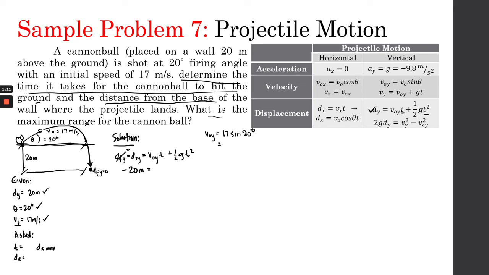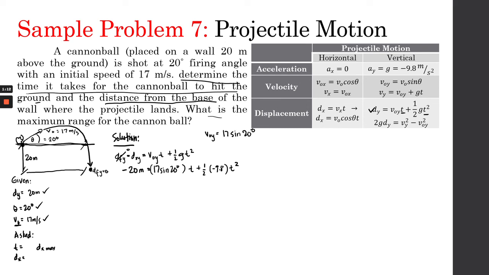So that is your VOY. So that's 17 sine 20 degrees multiplied by time plus 1/2 negative 9.8 t squared.